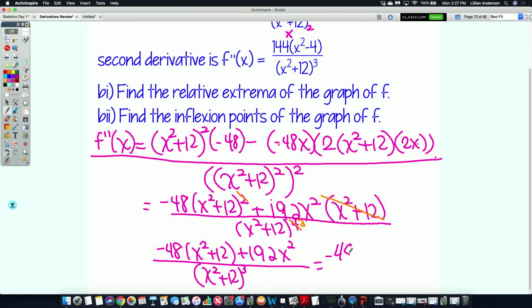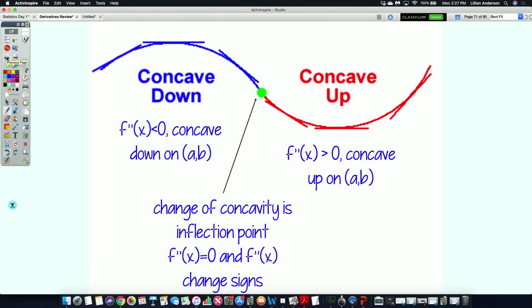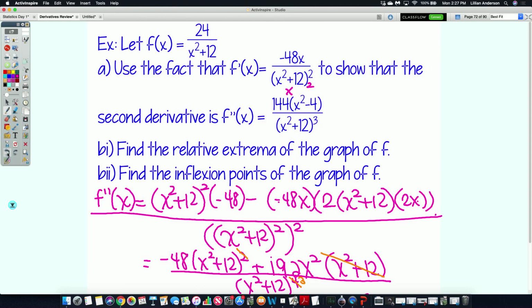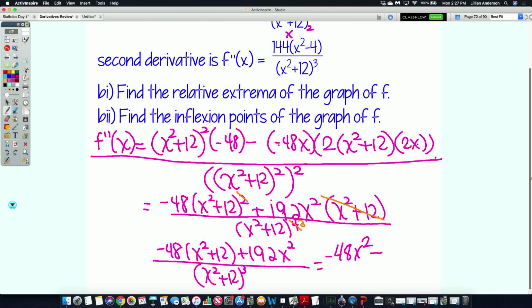Negative 48x squared plus, now yes, this one does end up being a little bit bigger. Okay. What's 48 times 12? 576. So 576 plus a 192x squared.